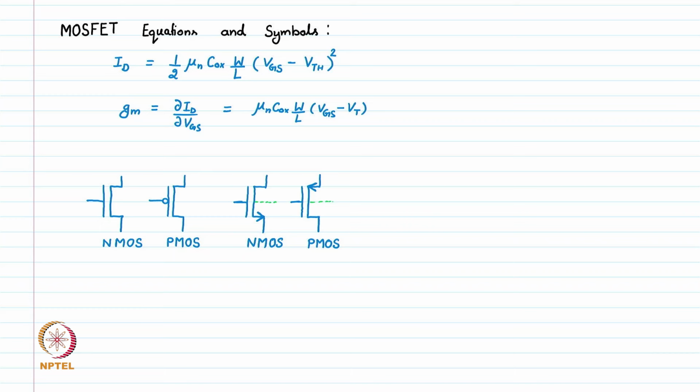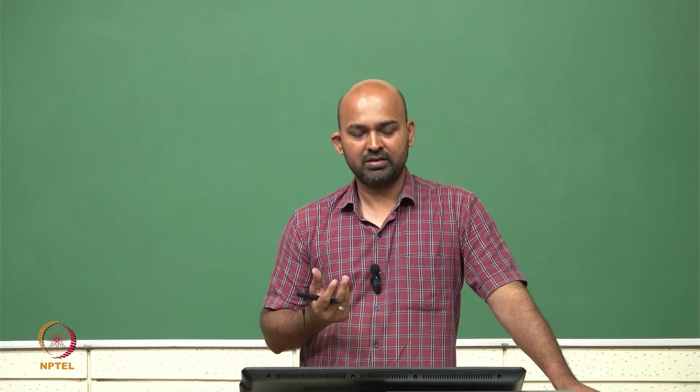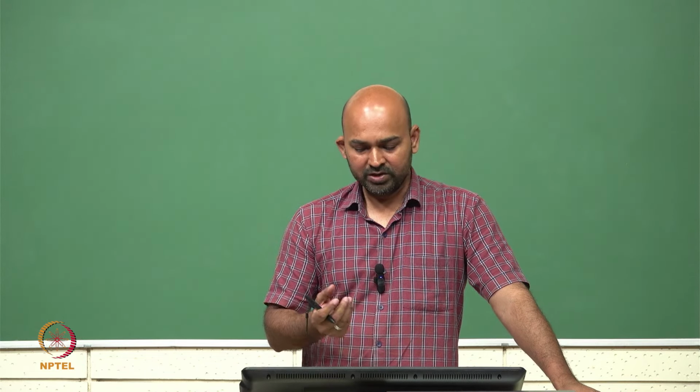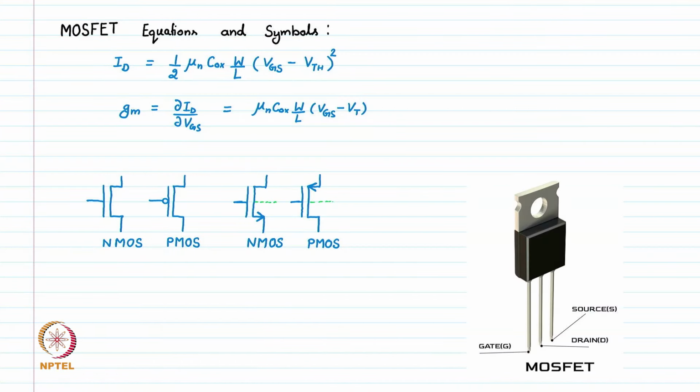So as I said, 3 terminal symbols are more frequent because discrete semiconductor components come with only 3 terminals, which looks something like this photograph here. So here we have this MOSFET, which is a commercially available MOSFET, and it has 3 terminals. We can see here one gate terminal, drain terminal and the source terminal.